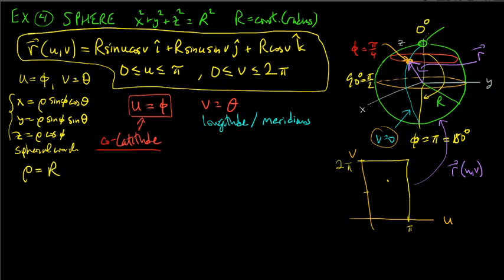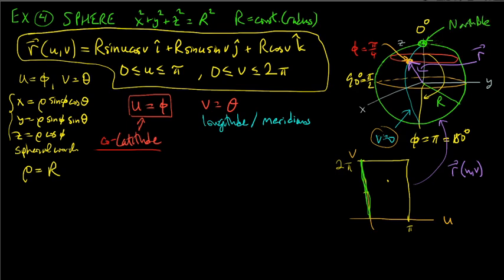So the North Pole here. What does that correspond to? Well, that corresponds to phi equals 0, or u equals 0. So u equals 0 is the v-axis. So this entire line here, this left boundary of the rectangle, corresponds to only a single point, the North Pole.